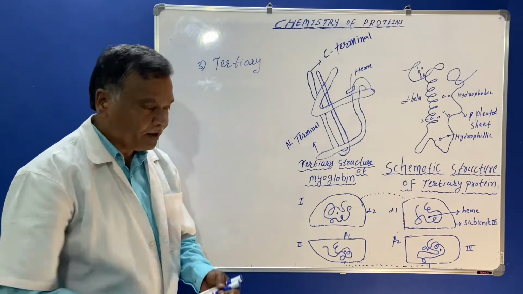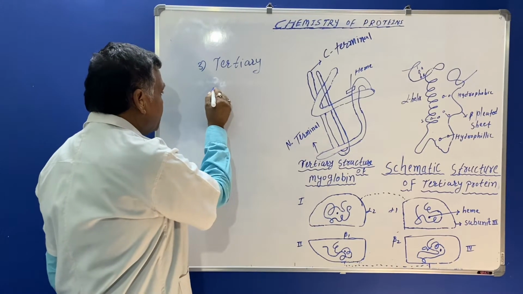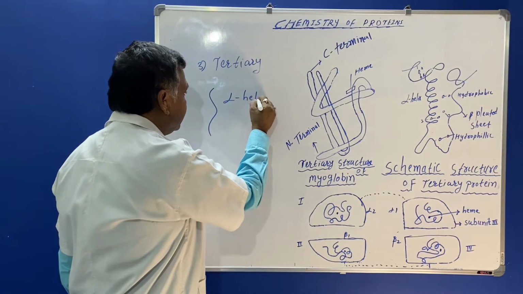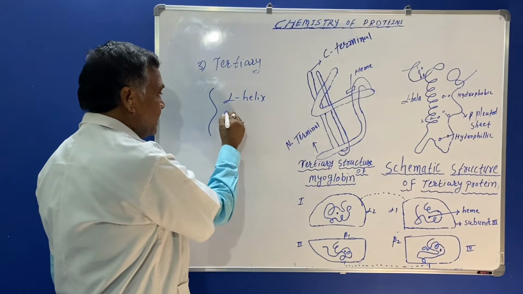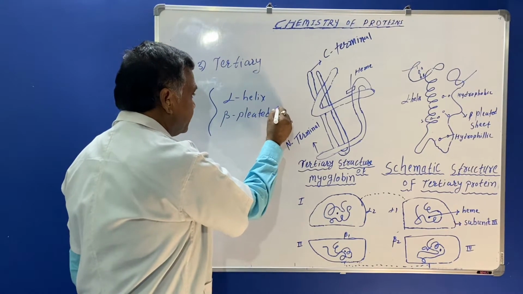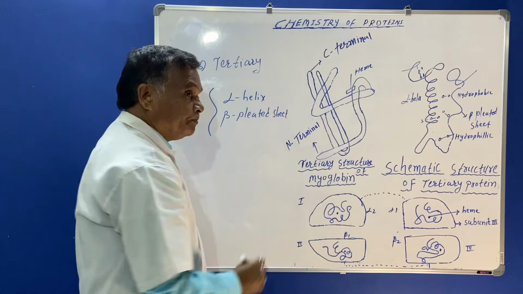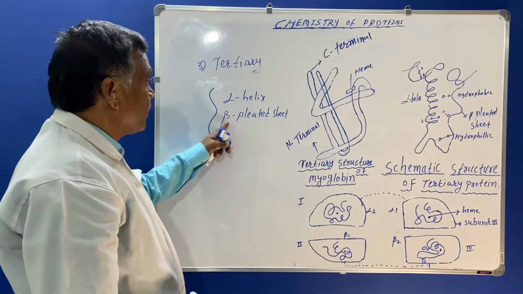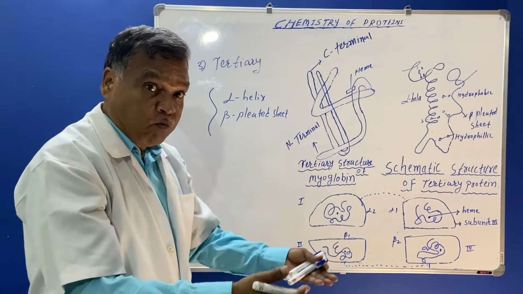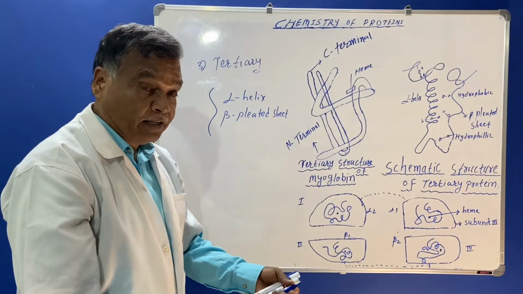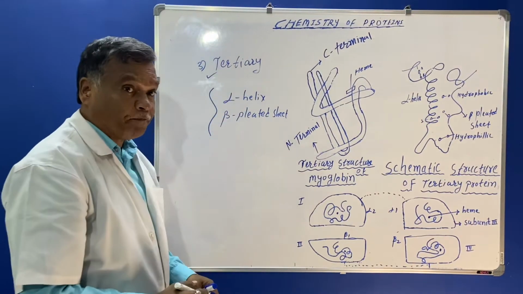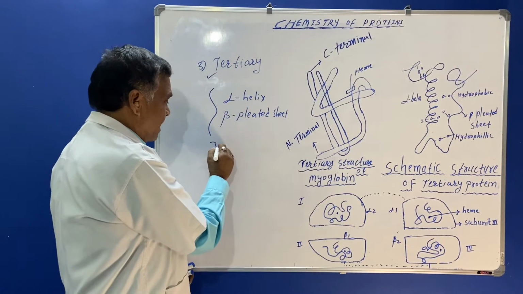In this tertiary structure, the secondary structure belongs to alpha helix and beta pleated sheets. So this secondary structure will be folded again, or the folding of secondary structure will form the tertiary structure into a 3-dimensional structure.